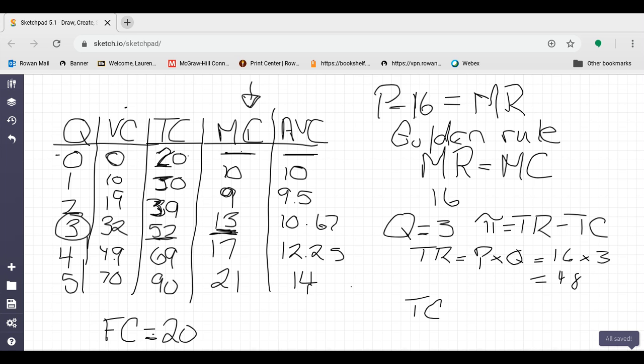It's 52. And so 48 minus 52 is negative $4. So we have a negative profit, it's negative 4.